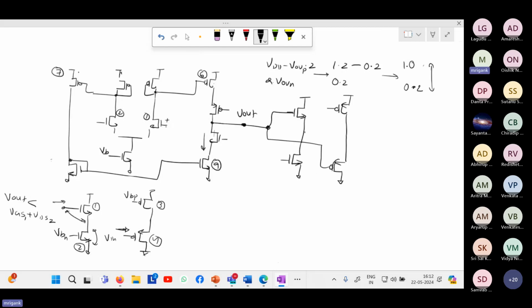And now the output of this and this will be driving the third stage, which is basically going to be the final output. So now this will be a third stage.